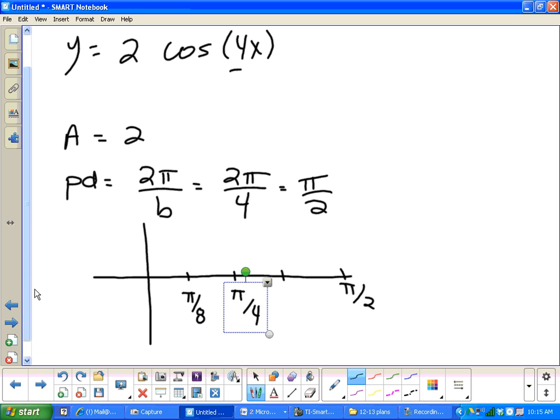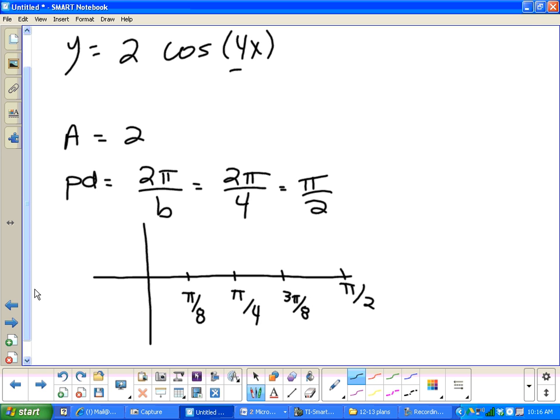This would really be unreduced: it would be 2 pi over 8. So the missing one there would be 3 pi over 8. So you have 1 pi over 8, 2 pi over 8, 3 pi over 8, 4 pi over 8, which is pi over 2. Did that make sense?